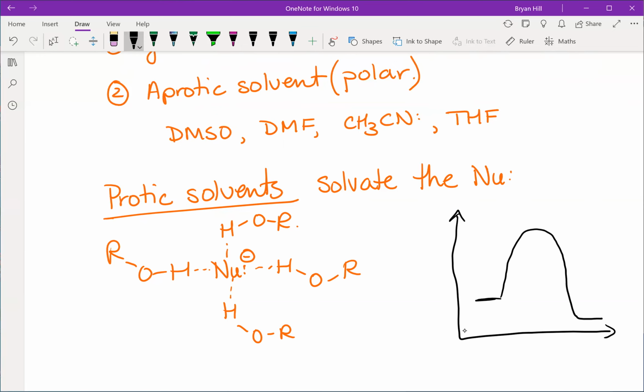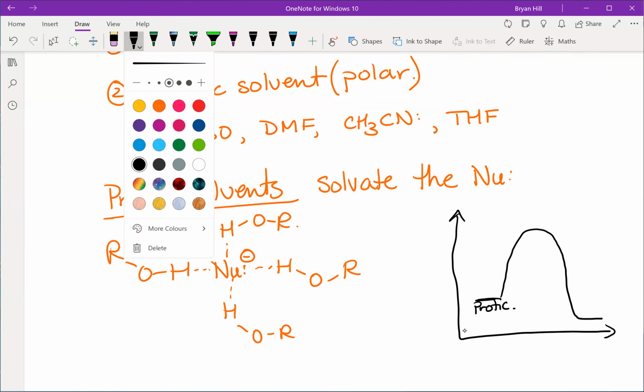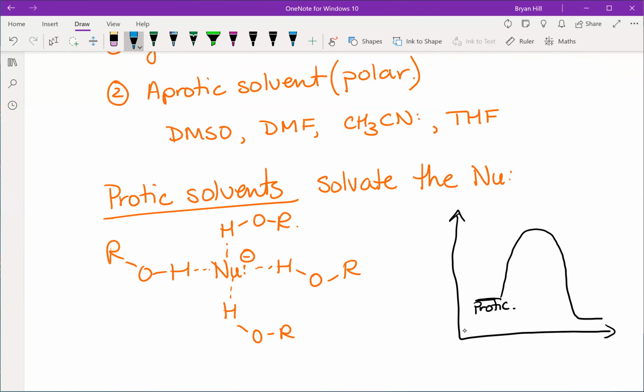If you are in a protic solvent, this is protic. Whereas if you're in an aprotic solvent, you're way up here. You're higher in energy because you're not solvated as much. You still got the negative charge. So the activation energy is going to be lower. So this would be aprotic. So protic solvents, because they solvate nucleophiles, increase this energy barrier for a substitution reaction, SN2.